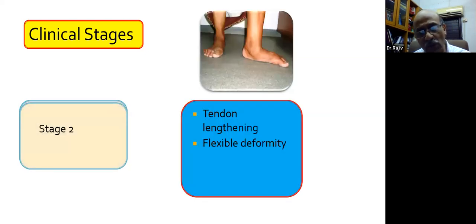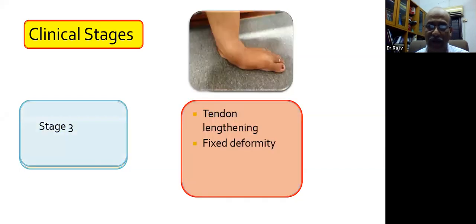Stage 2 of the flat foot is where your tibialis posterior tendon is lengthened because of the constant pressure, and the patient has developed a deformity which is flexible in variety. What do you mean by a flexible deformity? When the patient lifts the foot, the arch gets restored. When the patient puts the foot on the floor, the arch gets distorted. So that is stage 2 of the flat foot.